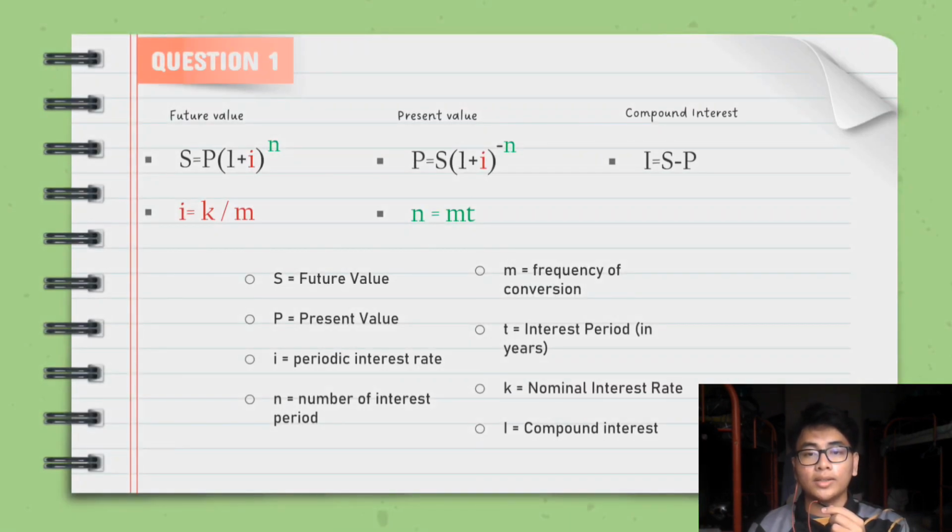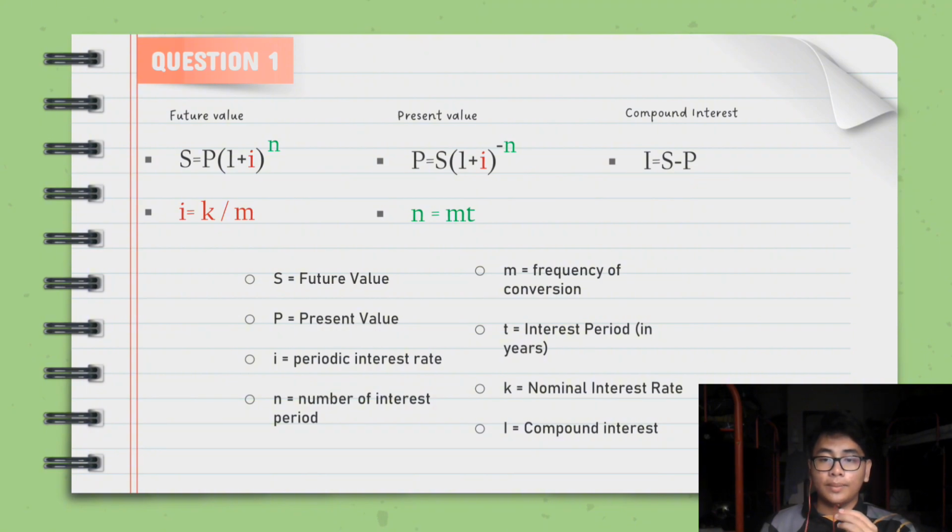Next, for the formulas that can be used in compound interest, we have future value, which is S equal to P, standing for present value, in bracket 1 plus I, or periodic interest rate, and the power of N, number of interest periods. And the last formula is I equal to S minus P, which is used to find compound interest.